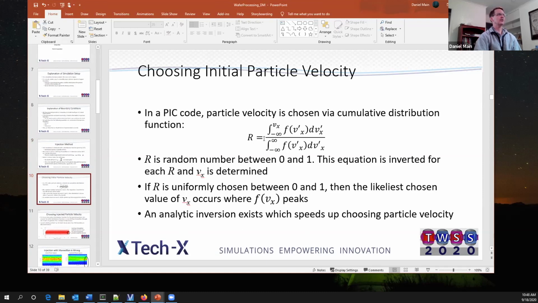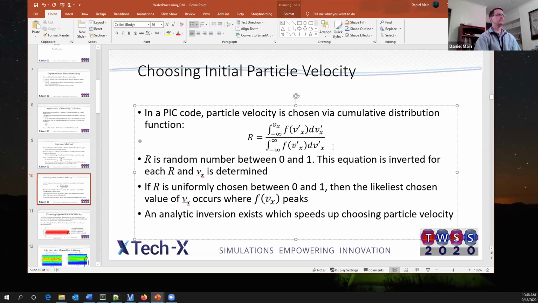You choose a random number R, and you set it equal to this quantity on the right. The key is to invert this and figure out what V sub x is. If it's a Maxwellian, you can solve this analytically, which speeds up the initialization. And this same inversion method can be used for injection as well.